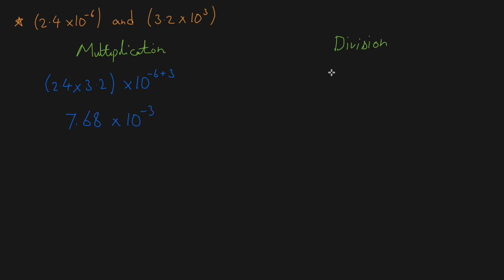For the division side, we'll do 2.4 by 3.2 times 10 power minus 3, or minus 6 minus 3. Now we have the answer 0.75 times 10's power, we have minus 9.